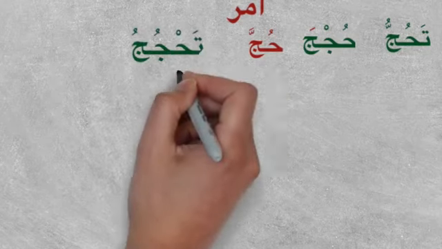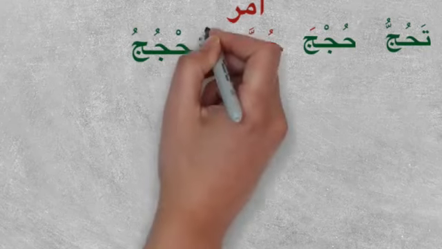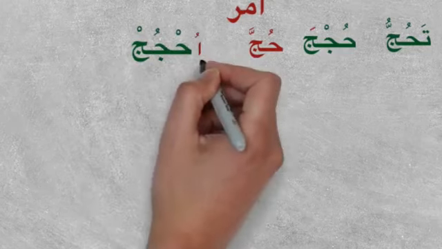So what is another way? Another way is going back to the original form, which is bab nasara yansuru. It is tahjuju. Then it's quite straightforward because we have to take away the alamat mudari', so we don't need this, and take the dhamma away and turn it into a sukoon. So now we cannot pronounce it, so we bring hamzatul wasl.